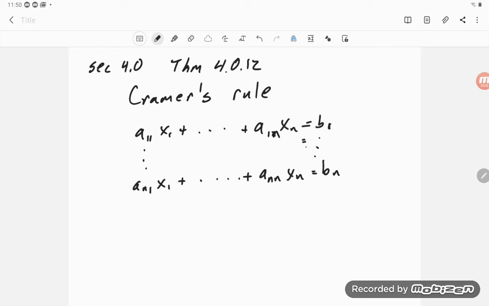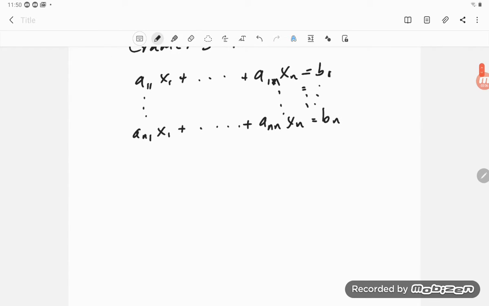So we have this square system of equations and unknowns, and if the determinant is not zero, then it has a unique solution. Now we already know this part: if the determinant of A, the matrix made of those components aij, is not zero, we knew that from the previous theorem and previous work.